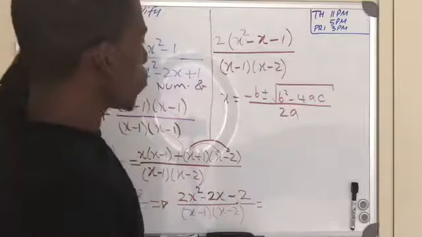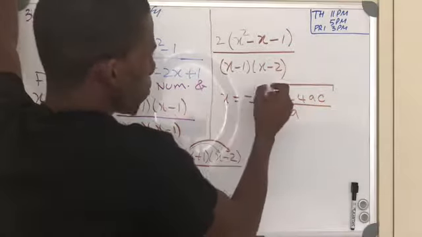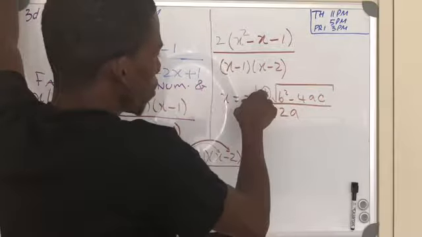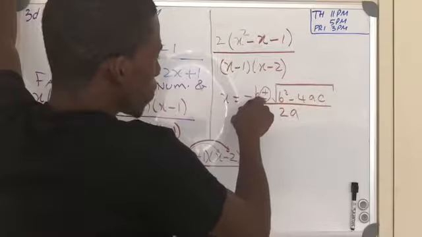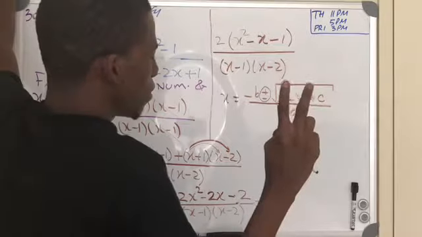That's the general rule to find x1 and x2. See right here I have a positive and negative sign. So one of the x is going to use this positive sign, and the other x I'm going to use the negative sign. I'm going to have two values for x.